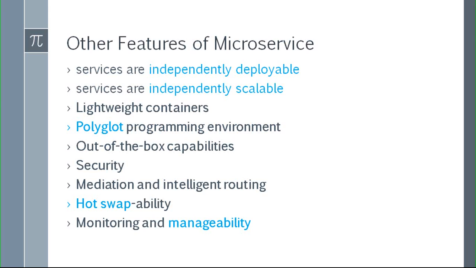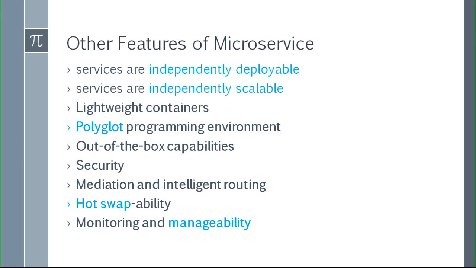And also services are independently scalable. So we can scale up and scale down each service independently from other services. For this purpose, you can use Docker containers, Kubernetes, and also Docker Swarm for having scalability.